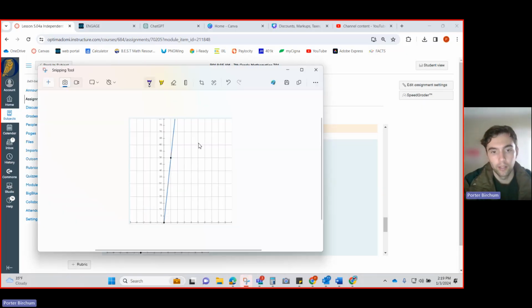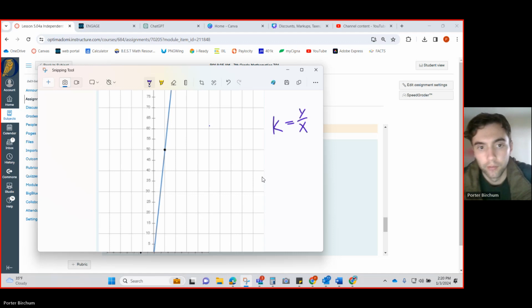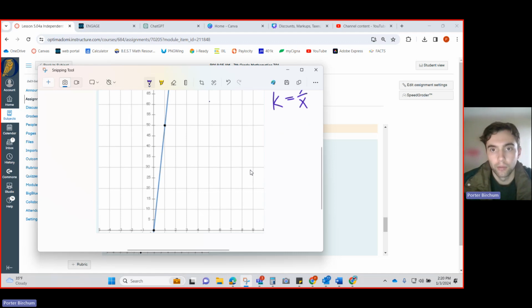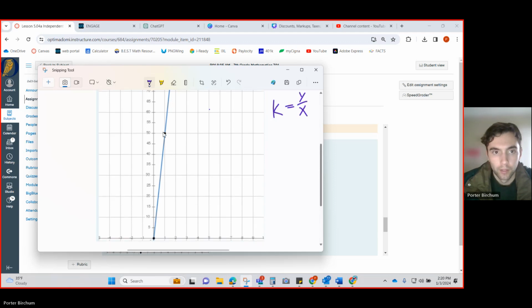To find k, the constant of proportionality, I need to do the y value divided by the x value for any dot on the graph. Let's use this dot right here.